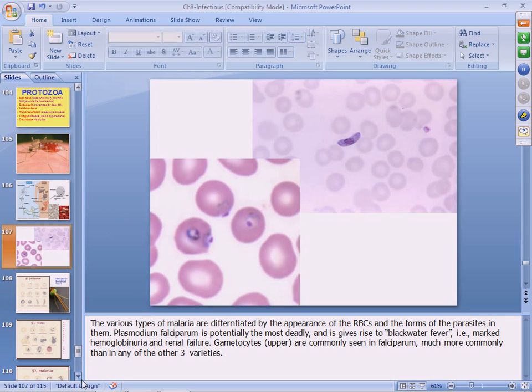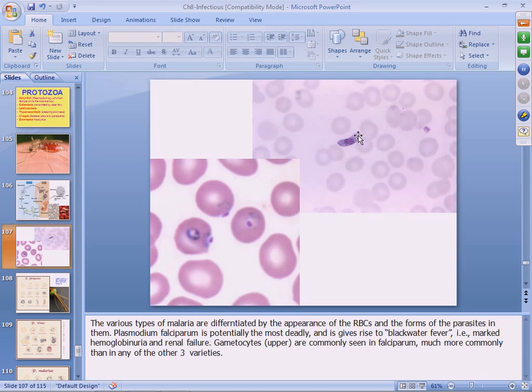Just to show you, a ring form is one of the early forms to develop once those merozoites get into the red blood cells. The last form to develop is a gametocyte, and that's the form that will eventually go back into the mosquito.